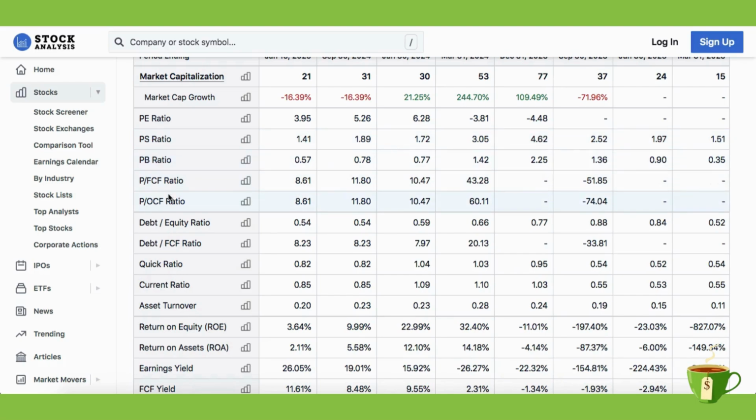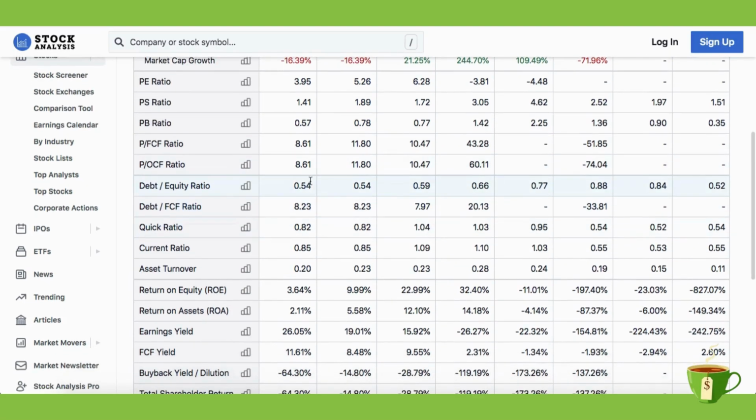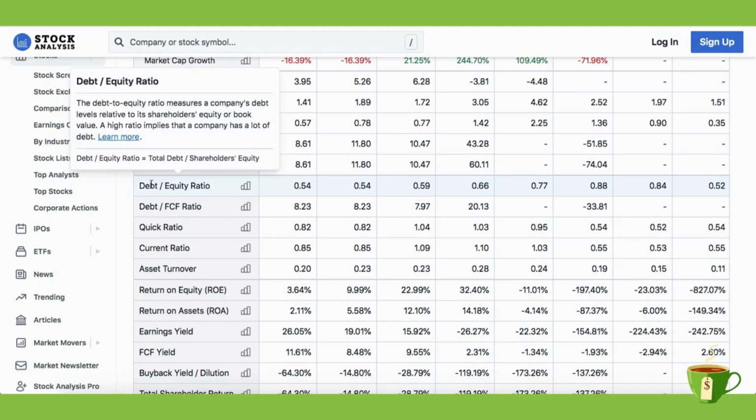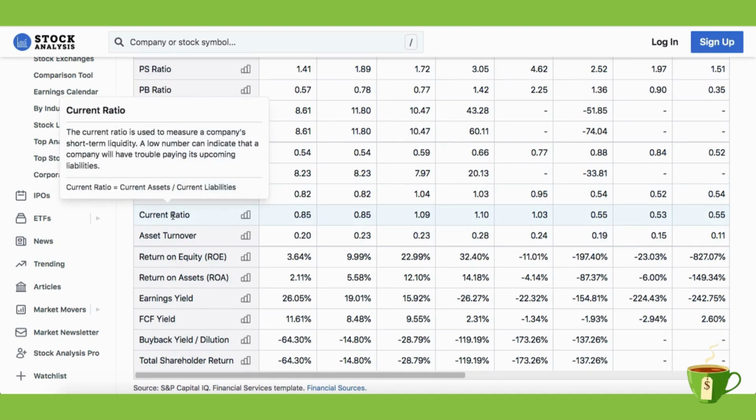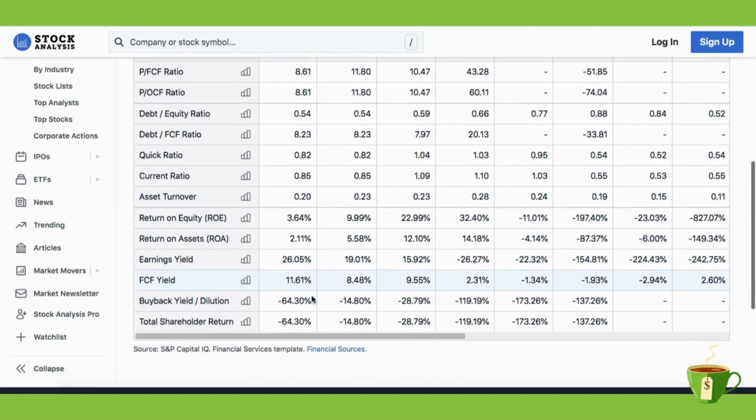The debt to equity ratio is good, so they don't have a lot of debt. Let's see. Okay, current ratio is 0.85. So they do have some liabilities.